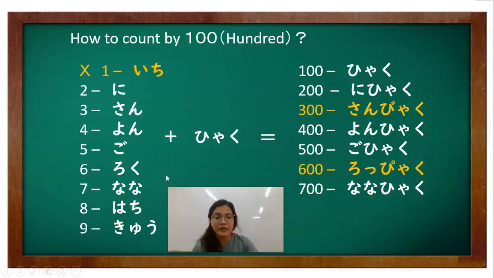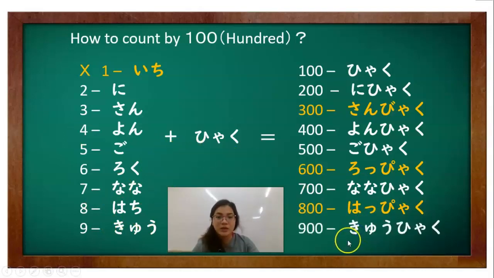Next, 800 is hachi plus hyaku, which equals happyaku. It's the same as with 600: chi is changed into a small tsu, with a small maru, so ppyaku. And last, 900 is kyu plus hyaku, which equals kyu hyaku.